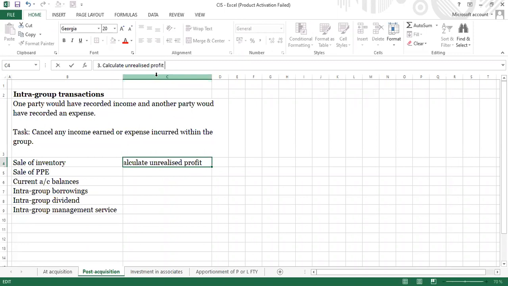It is based on unsold inventory. So unrealized profit is added to the cost of sales, or any line item specifically indicated in the question. Most times it's usually the cost of sales.